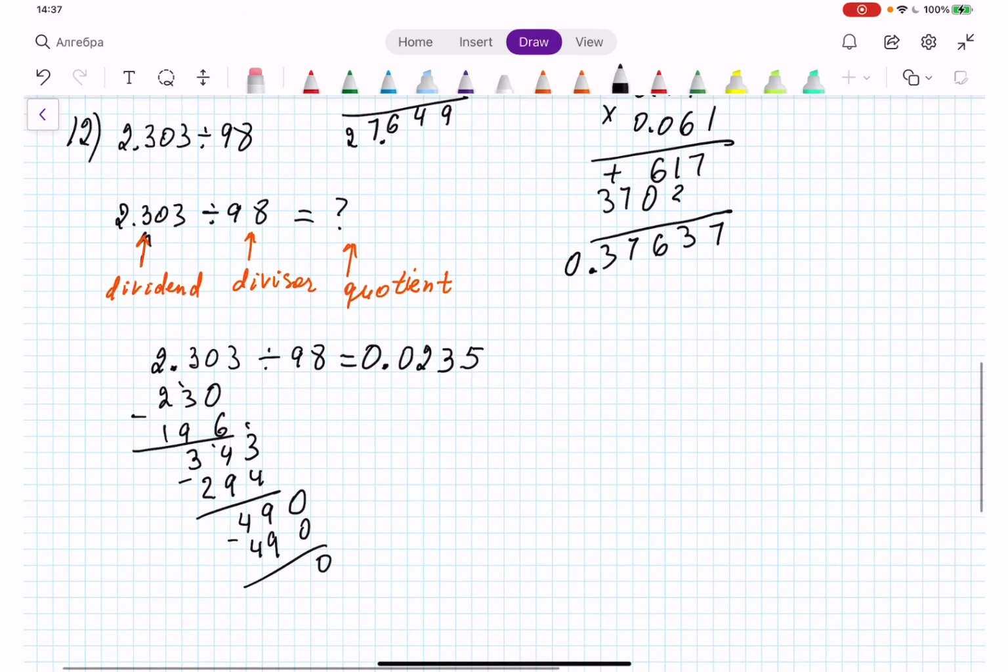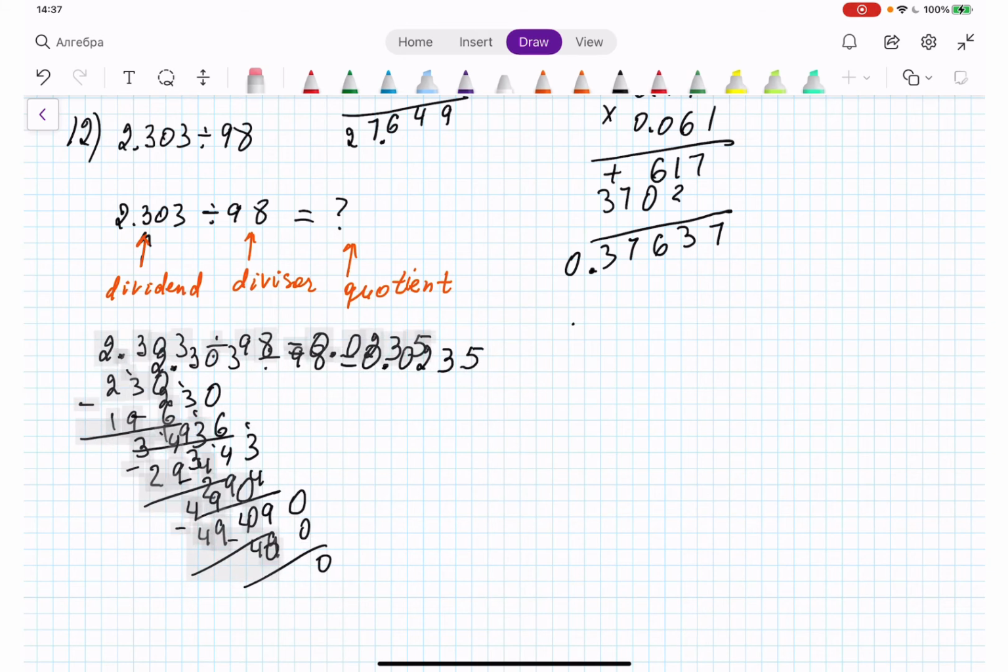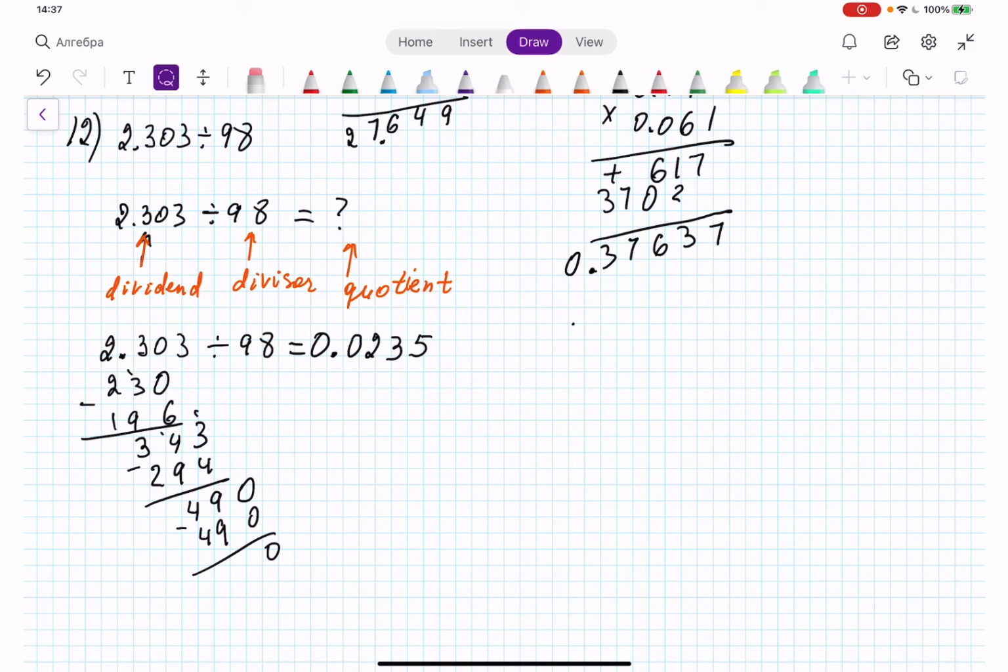Okay, question number 13. Let me move this one here. Well, if you want, you can divide in a column, just like the regular division we do. Number 13. So we have 8.0088 divided by 3.76.